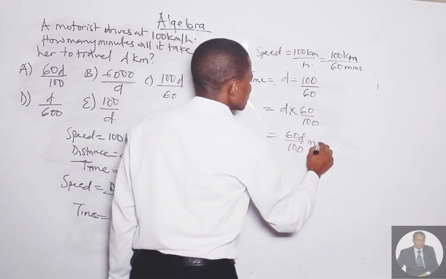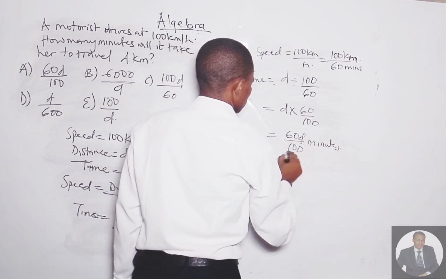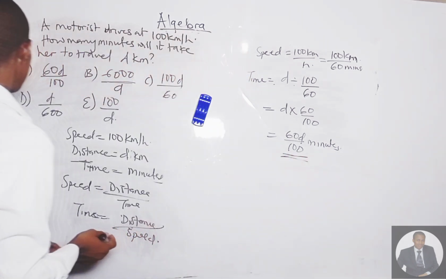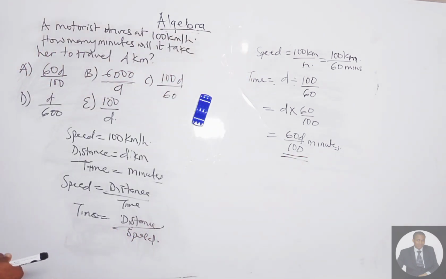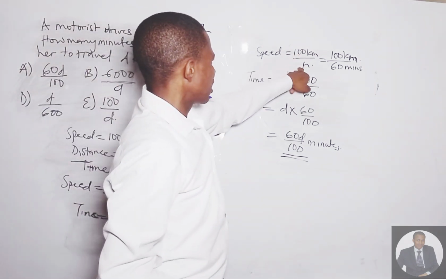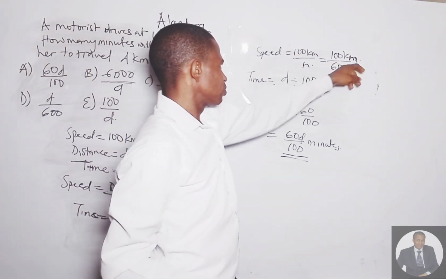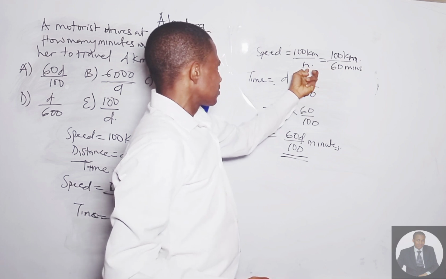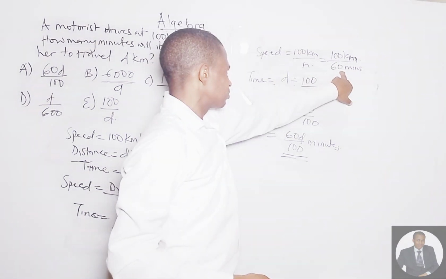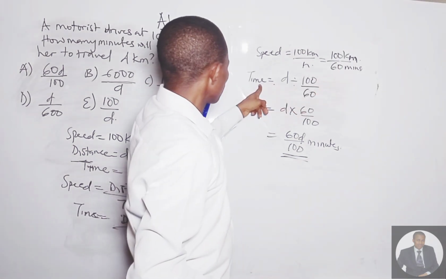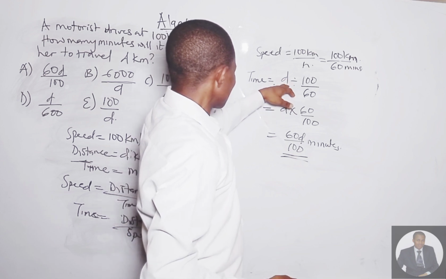In minutes, 60D over 100. 100 km per hour, we write 100 in kilometers, hour we say over 60 minutes. So time is supposed to be distance over speed.